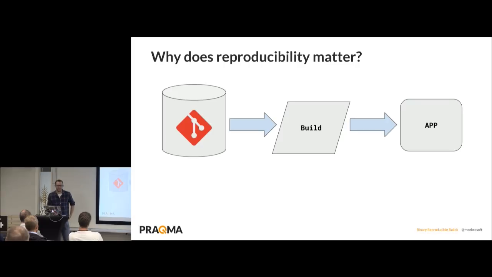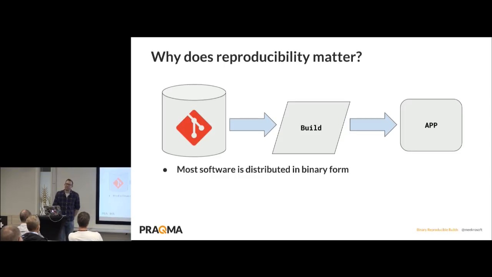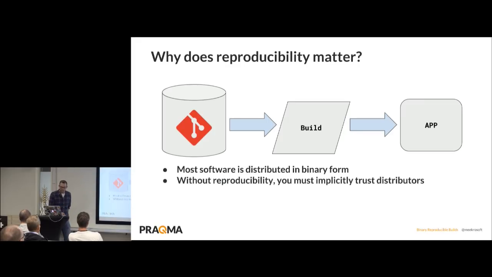Why does this matter? Well, most software is distributed in binary form. Not many people build their operating systems from source. So if that's true, and there is no reproducibility, which is true for the majority of software in the world, you have to implicitly trust the distributors. You have to trust what they're giving you.